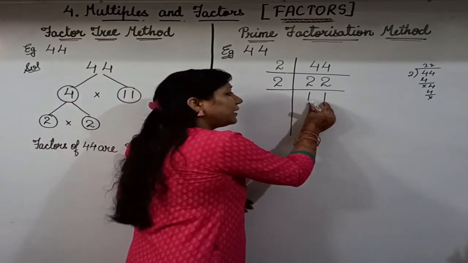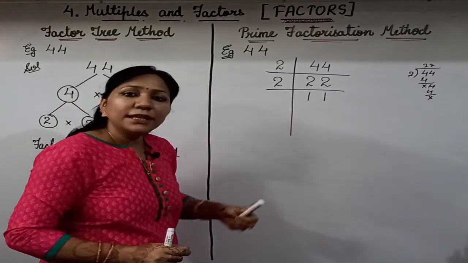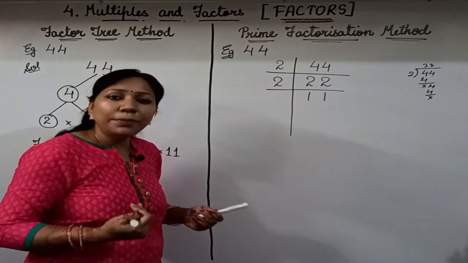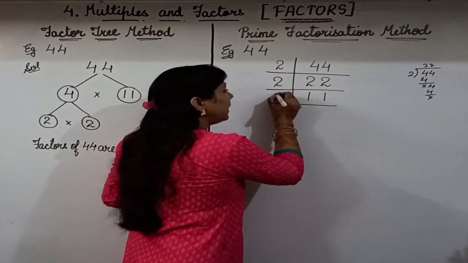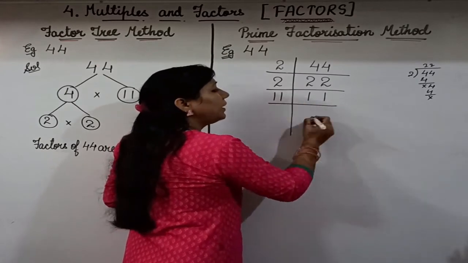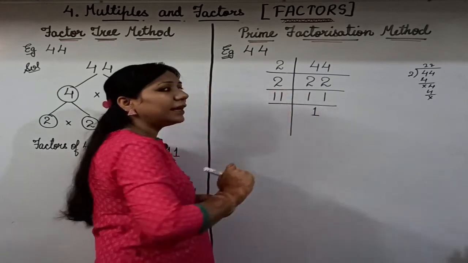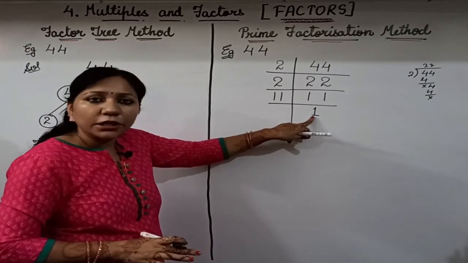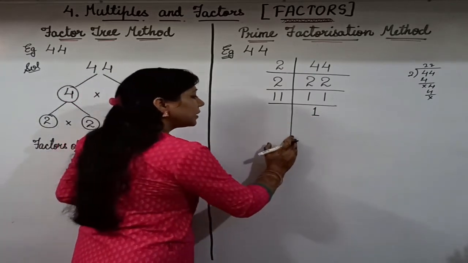But before finding, just check out this number, 11. Is 11 a composite number or a prime number? Yes, 11 is a prime number. Since 11 is a prime number, it is only divisible by 11. So you can write it as 11 ones are 11. As we got 1 at the bottom, that means our prime factorization method is complete.